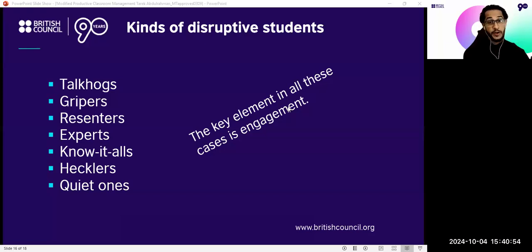Motivation, fun, safe. Yes. Make your classroom motivating, safe, and fun. If you guarantee these three elements, your students will guarantee you a well-managed classroom.